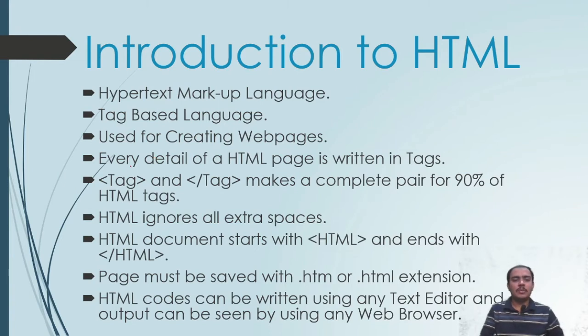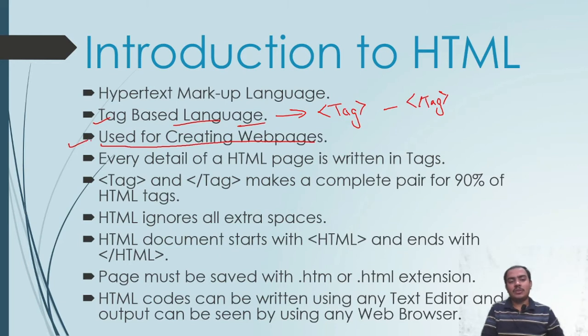HTML is a tag-based programming language, which simply means that whatever we write in HTML, we write in the form of tags. HTML is generally used for creating and designing web pages. These web pages can help you create websites or other kinds of internet-based utilities.